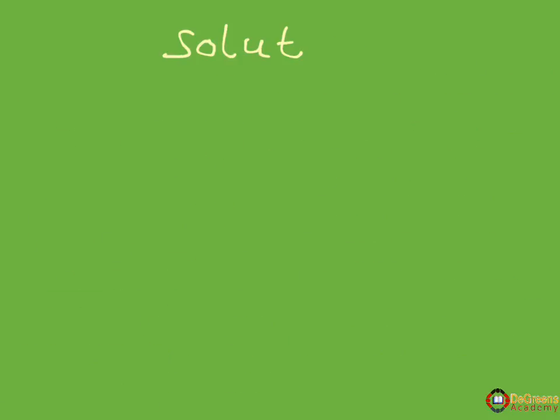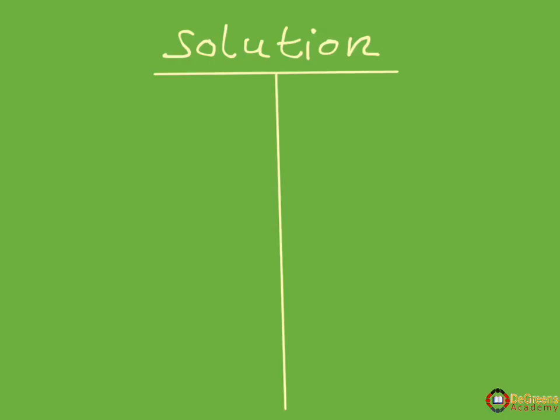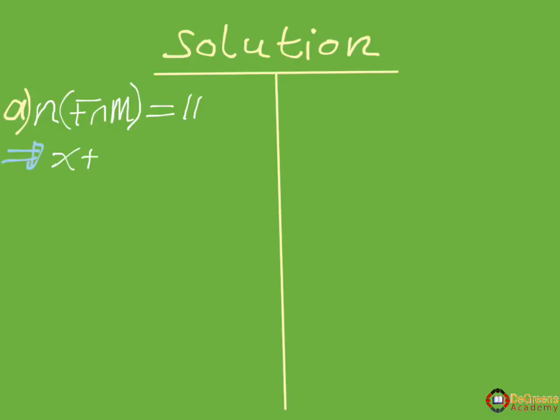So let's have the solution together. So for A, we have the cardinal number of F intersection M equal 11. Implies that x plus 2 plus 5 is equal to 11, which will give x plus 7 equal 11, since 2 plus 5 gives us 7.